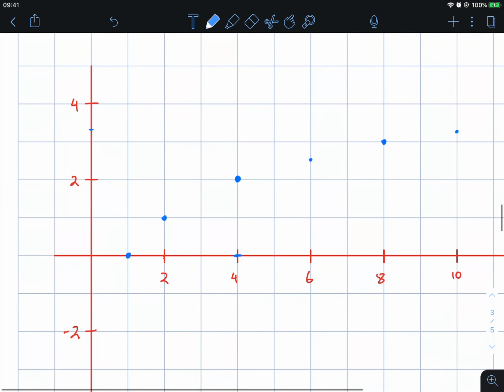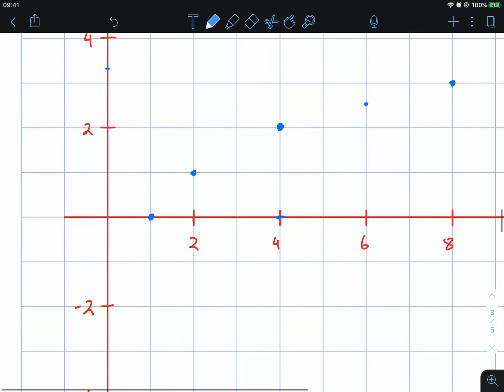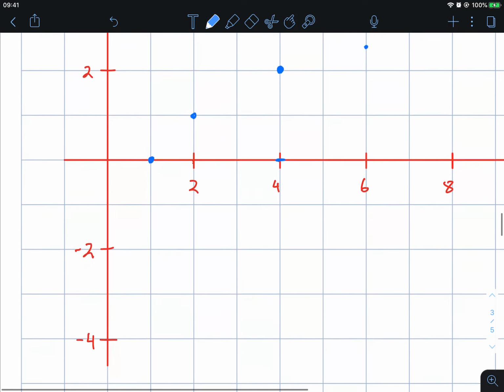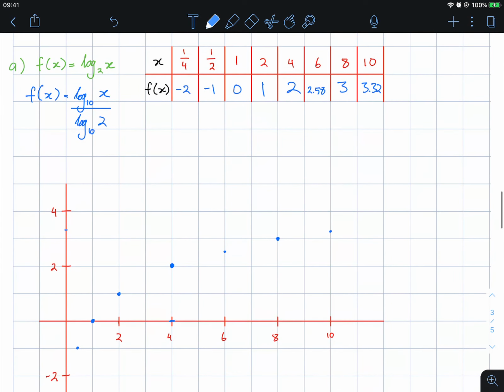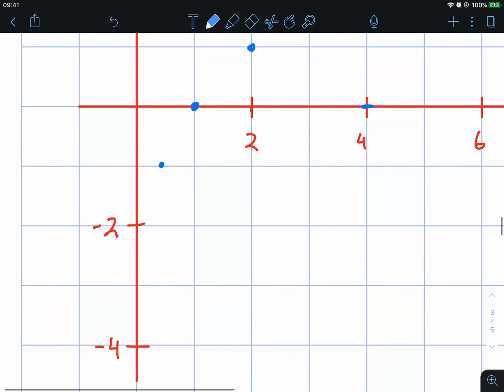For a half, this is where it gets really tricky. At a half, it said it was at -1. So half, -1. At a quarter, it's at -2. So a quarter is halfway between half and 0. So it's even tighter here. That's at -2.